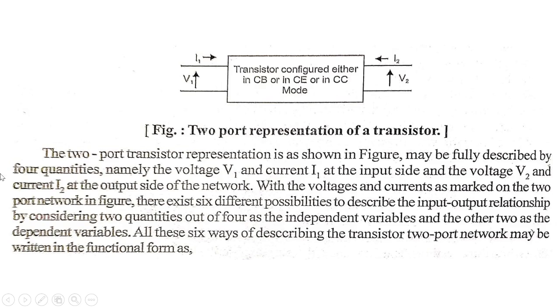Now here the two-port transistor representation, as shown in the figure, may be fully described by four quantities, namely the voltage V1 and current I1 at the input side, see here, and the voltage V2 and current I2 at the output side of the network.